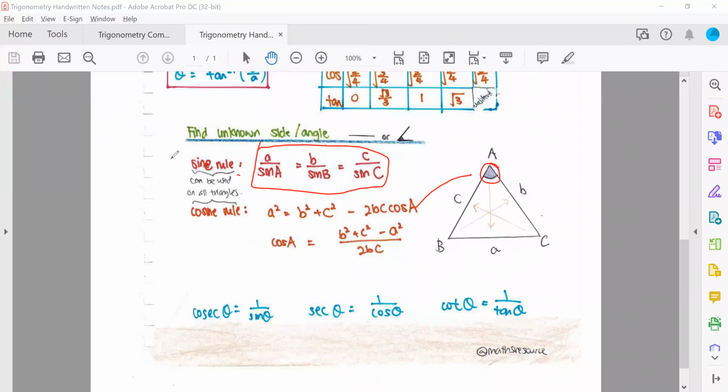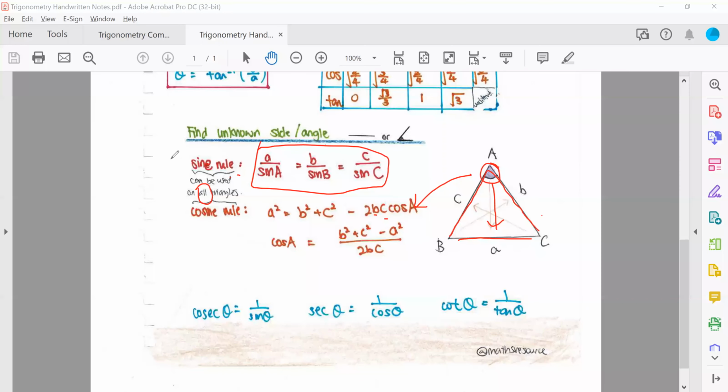Then beside it, we'll have b and c. And then small a is the diagonally opposite side. I mean the opposite side, yes. So just take note that this can be applied on all triangles.